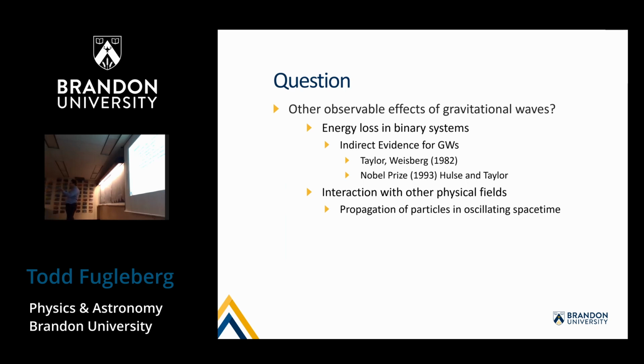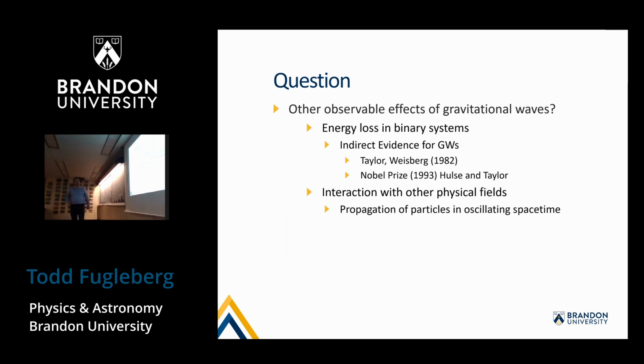Basically, when stars in a binary system are orbiting one another, they're emitting gravitational waves, so they're emitting energy. So they're losing energy, which means they're spiraling in. And in 1974, Taylor and Hulse detected a binary system that had a pulsar in it that gave them a very accurate way to measure the periods of this binary system.